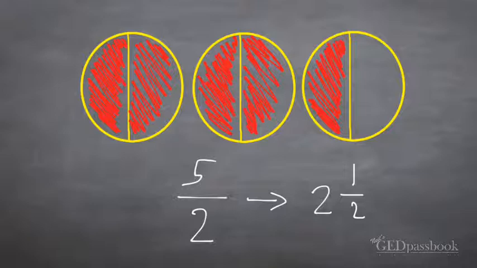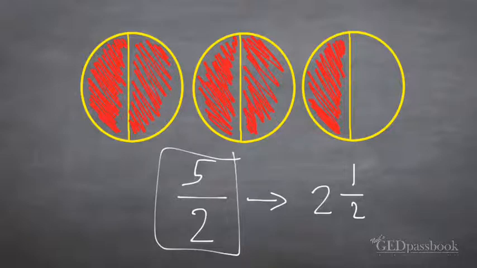The last thing I want you to do, whenever you're given an improper fraction, is draw out pies, start shading them in, and count to see that it's 2 1/2 as a mixed number. No, don't do that. It takes too long. There's an easy mathematical way to convert improper fractions to mixed numbers and mixed numbers to improper fractions.